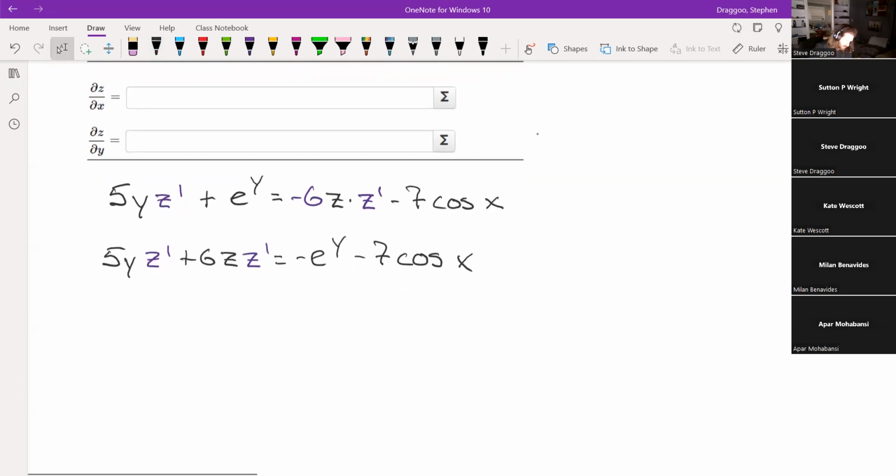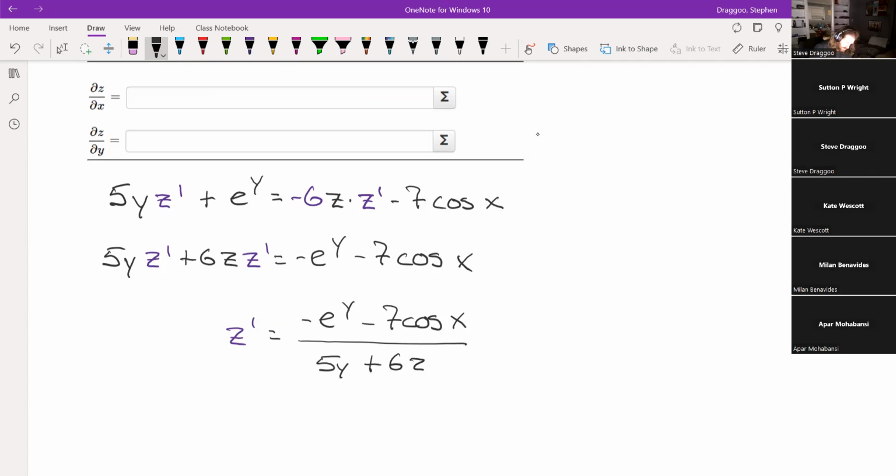Factor a z prime out and divide the rest over to the other side. So z prime is negative e to the y minus 7 cosine x over 5y plus 6z.